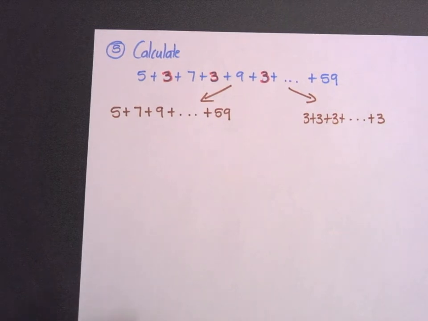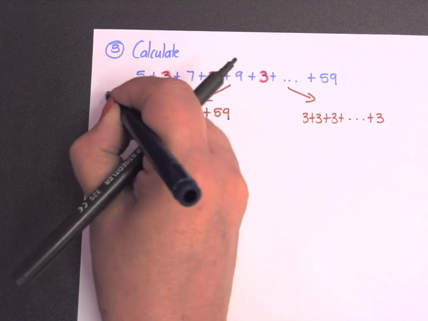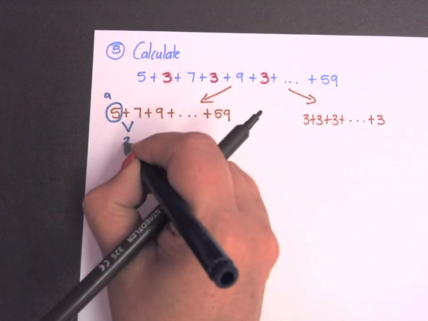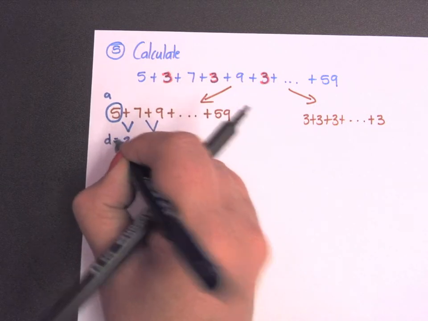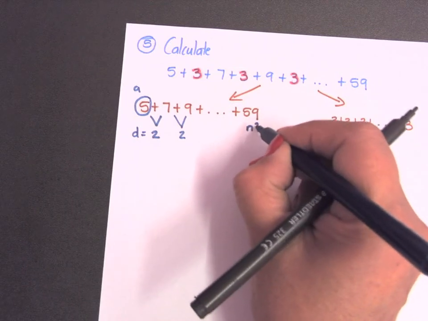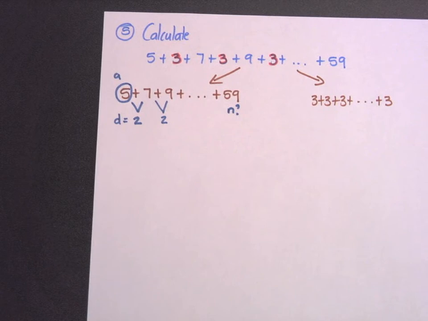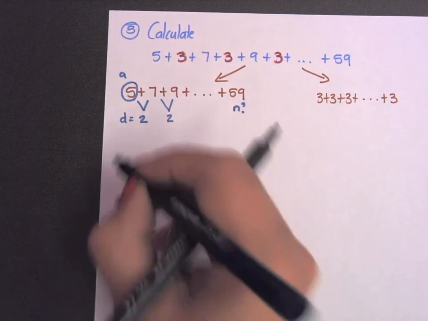Okay, in this series, my A is 5, my D is 2, and I don't know what n is. So I first need to work out the n there before I can calculate the sum of the series.